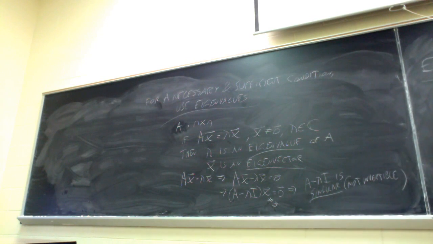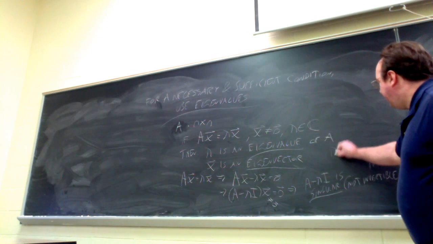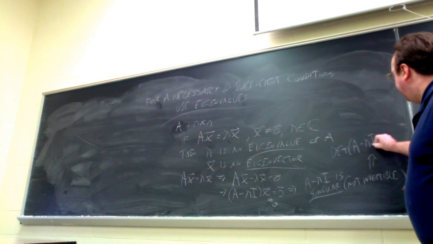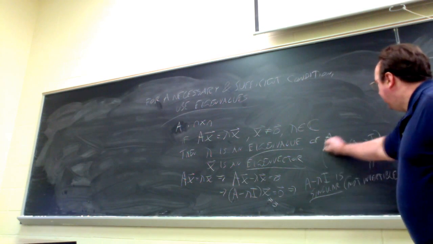In other words, it is not invertible. I recently gave those several equivalent conditions: if the determinant of a matrix is non-zero, then the matrix is invertible, Ax equals b has a unique solution, Ax is 0 if and only if x is 0, and so forth. So now we have the opposite situation. What we can say is the determinant of A minus lambda times the identity is 0.